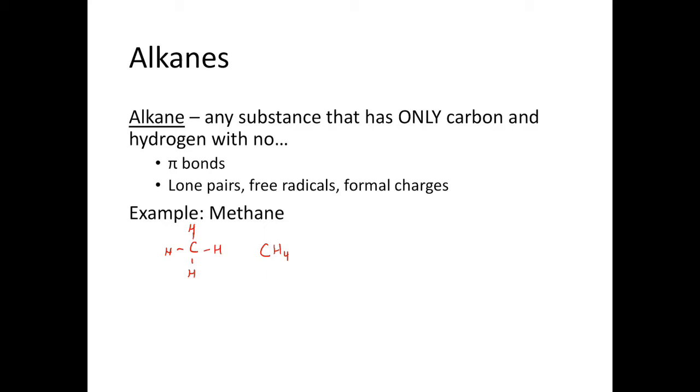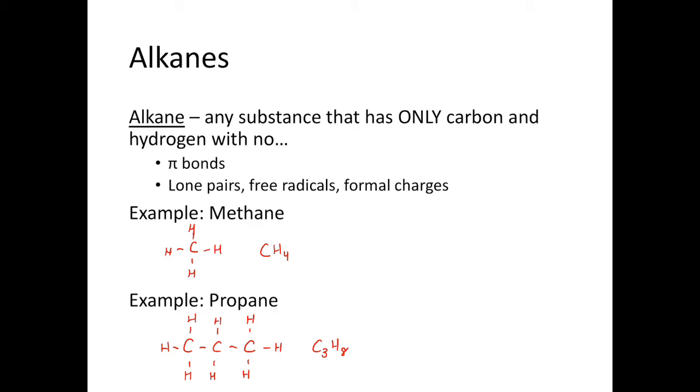Next example is propane. Propane has a chain of 3 carbons together, and then that is surrounded by hydrogens. Each carbon has 2 hydrogens plus 2 extra hydrogens at the end. So in total, the formula is C3H8.